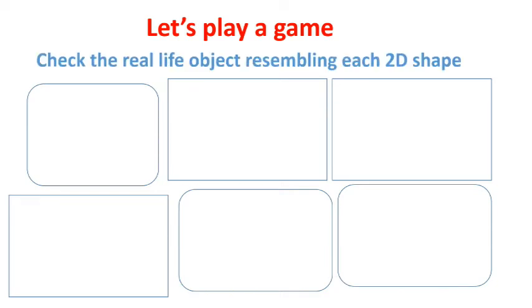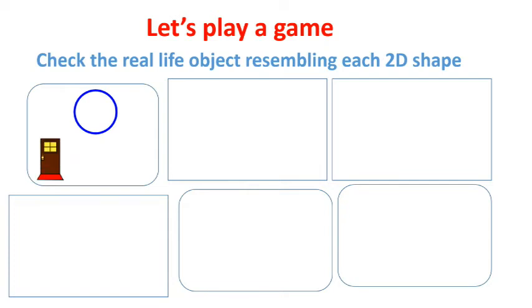So students, now let's play a game. Check the real life object resembling each 2D shape. Children, what shape is this? This is a circle.